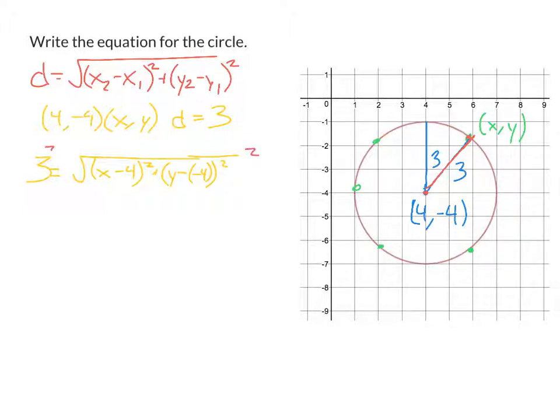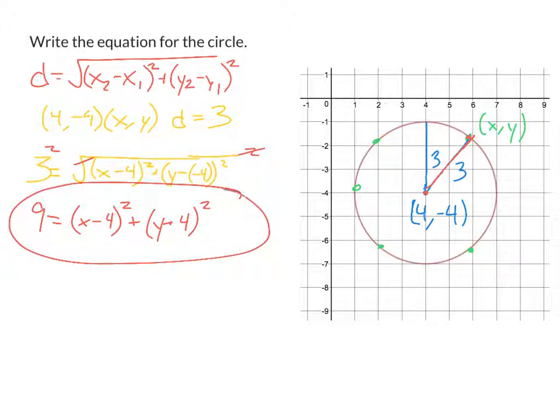Squares and square roots are opposite, so they should cancel. We have 3 squared, which is 9, equals (x minus 4) quantity squared plus, and minus the negative would make it a plus, (y plus 4) quantity squared. And this should be enough. That can be the equation for my circle.